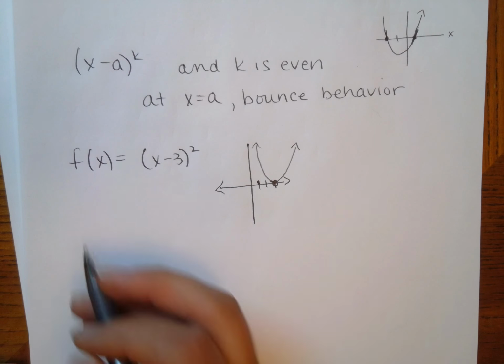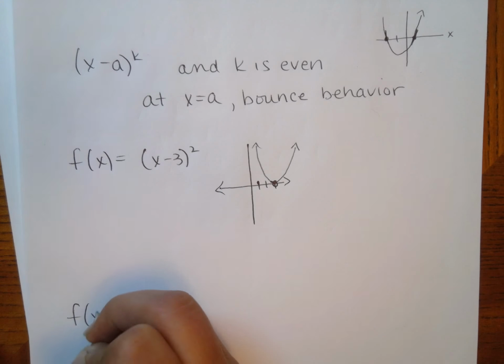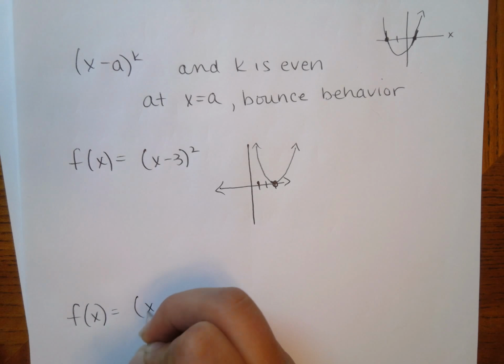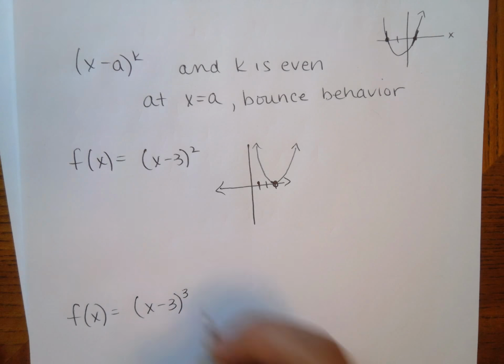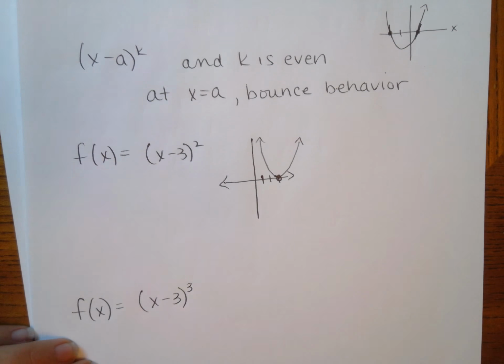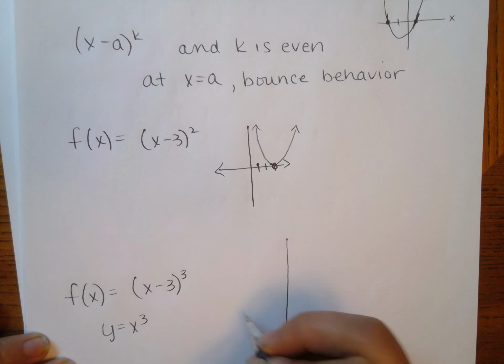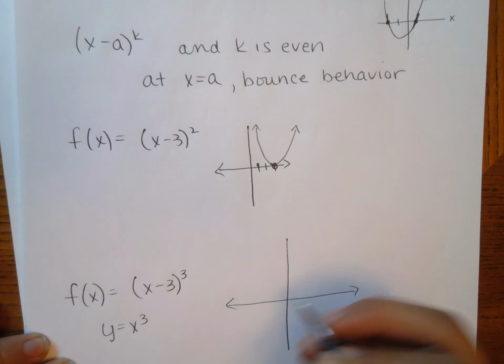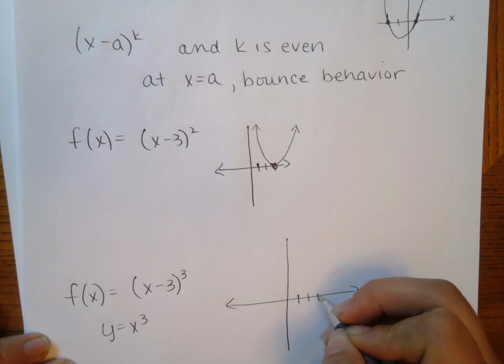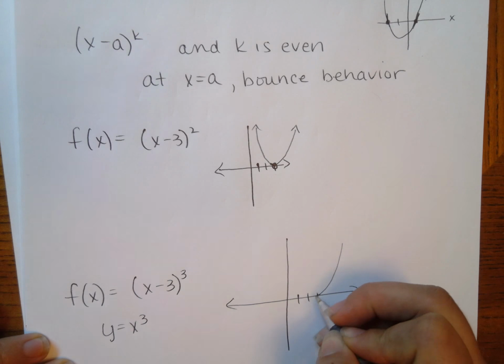Now, we've also had things that look like this. If I use x minus 3 quantity cubed, this is the graph of y equals x cubed shifted right 3 units. And x cubed looks like this.